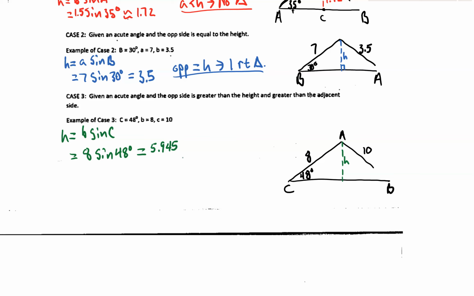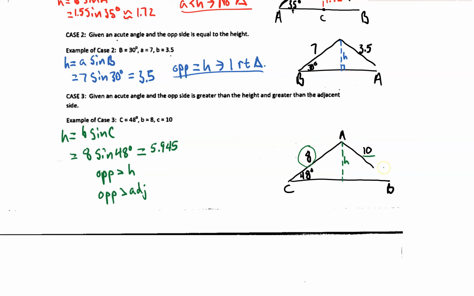So looking at this one, it's definitely showing us here that our opposite side is going to be longer than this one. So what does that mean in terms of our triangles? Well, it means that our opposite side is greater than our height, and the opposite side is greater than the adjacent side, because this one right here is our adjacent side.